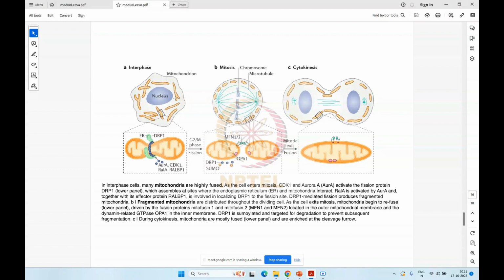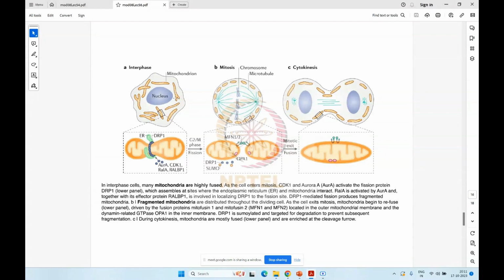When the cell enters the mitotic phase, or M phase, mitotic kinases are going to be activated. Each stage that the cell goes into has a different set of kinases that are activated, and each of them has a specific function.